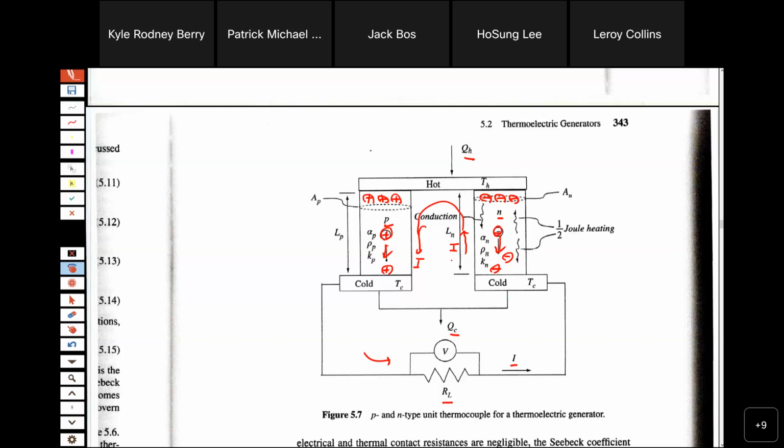But there is also Joule heating, I squared R. Current just creates Joule heating. Half goes up, half goes down; it has no direction. This Joule heating is irreversible.